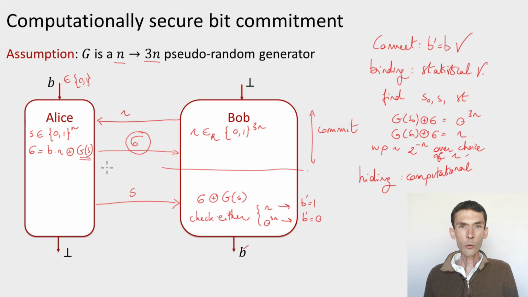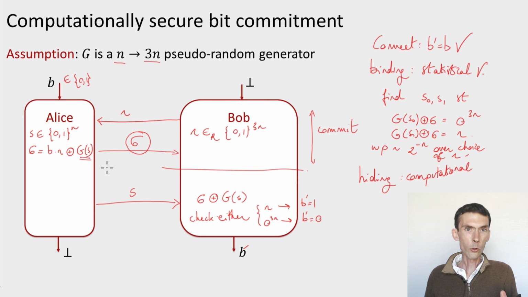Meaning that the scheme will only be secure in as much as Bob cannot tell the difference between a uniformly random distribution and the output distribution of the pseudo-random generator. So you can show that the hiding property of this scheme directly reduces to the security property for the pseudo-random generator. So as long as the pseudo-random generator is secure, the scheme is secure.